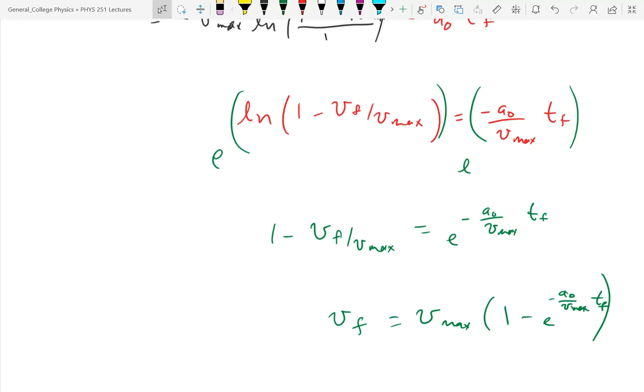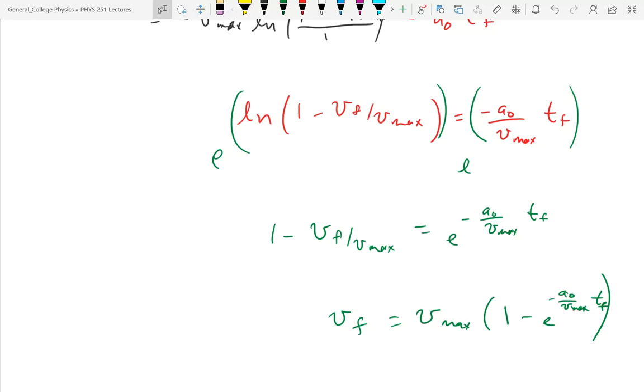How do I go from that to find the acceleration as a function of time? How do I go from speed to acceleration? Take the derivative with respect to time. Notice we start with an equation for acceleration, but it was acceleration as a function of speed.